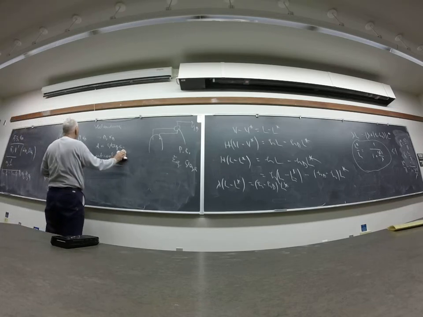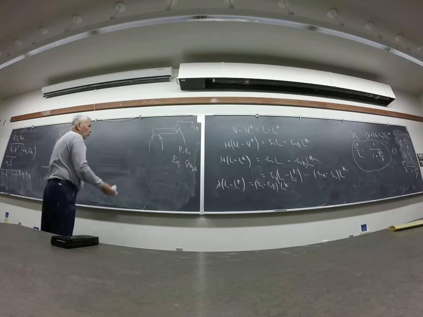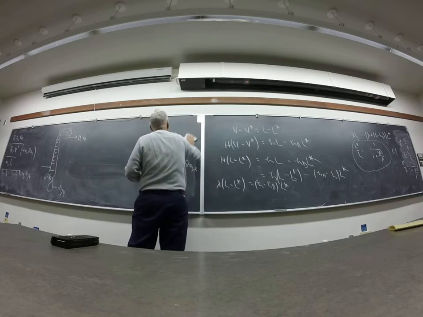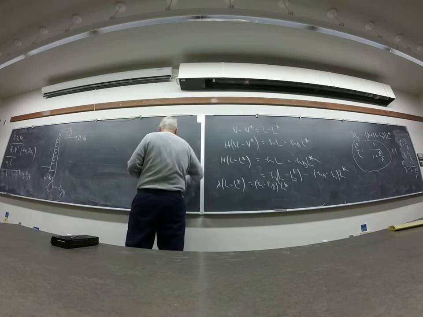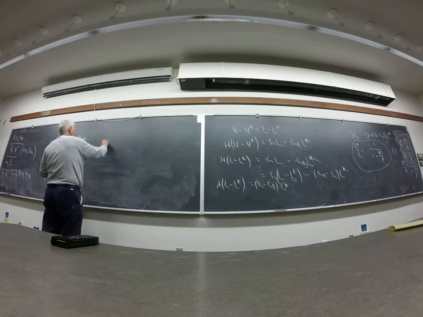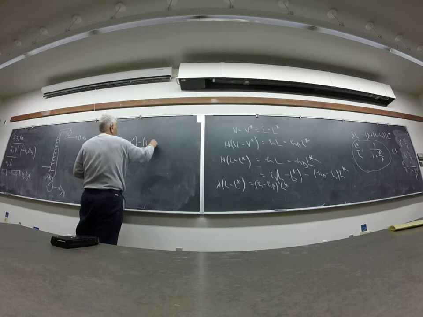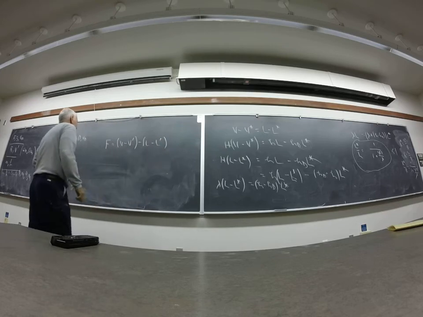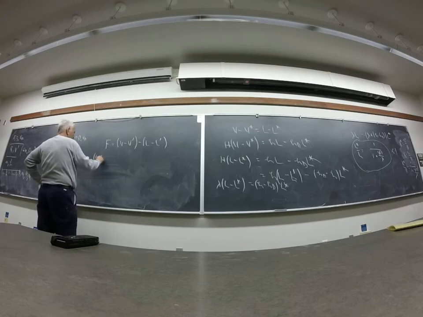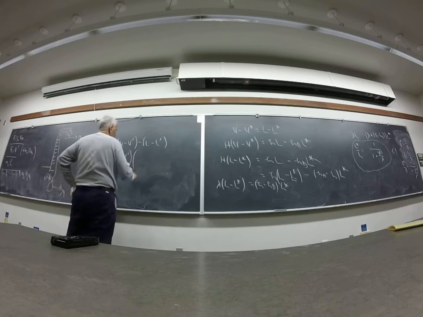So what's my game here? Consistent with all of our approximations so far, let's take a look at this feed plate. I know that F equals V minus V prime minus L prime. I also know that we calculated one time something like this: L minus L prime equals V minus V prime times something or other.